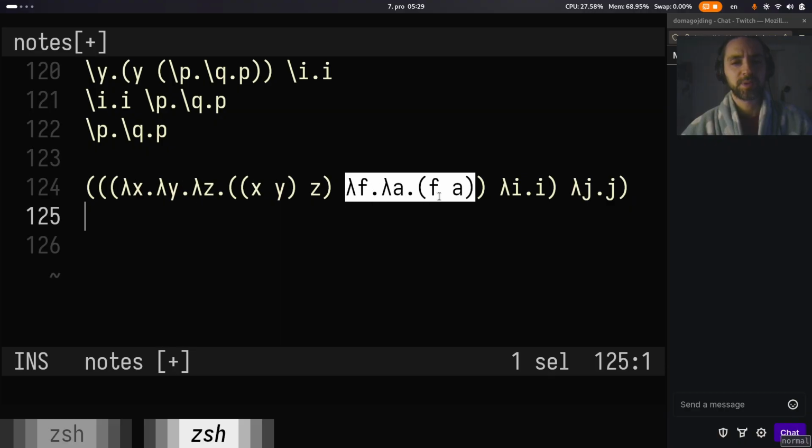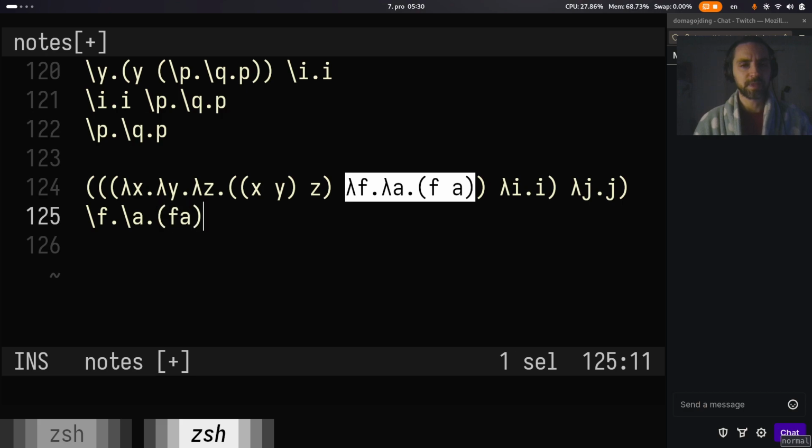So we're going to apply this whole thing and we're going to substitute it for the lambda x. So we're going to get a lambda f dot lambda a dot f a instead of lambda x. And then we're going to have what? Lambda y dot lambda z dot, and well, we're going to have just y here and z.